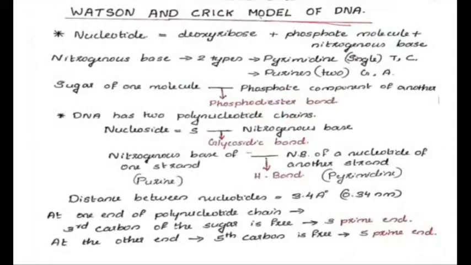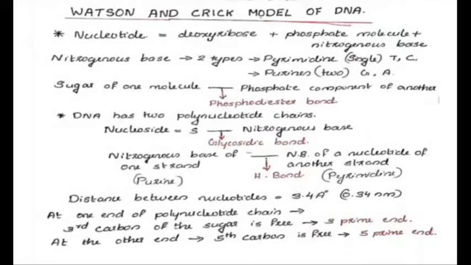The sugar molecule and the nitrogenous base together are called a nucleoside. They are linked by a glycosidic bond. Hence, the sugar and the nitrogenous component of a nucleoside are linked by a glycosidic bond.